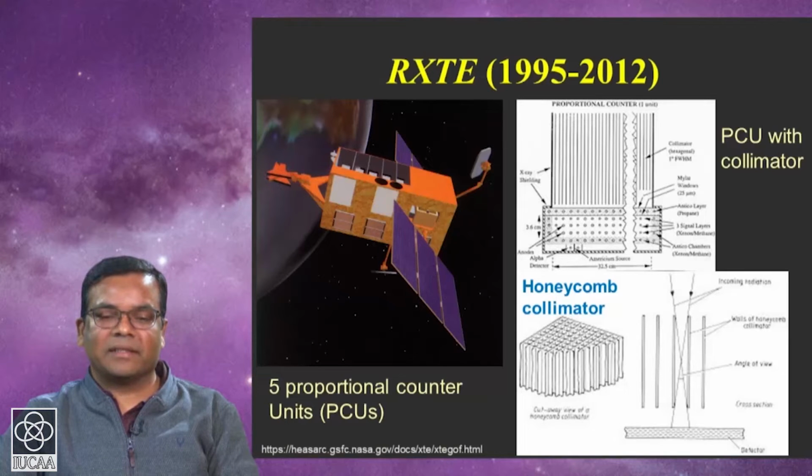Here is an example of a collimator. It is called the honeycomb collimator. X-rays coming from a certain field of view through these collimators are detected by the proportional counters. X-rays coming from outside that field of view are not detected; they are absorbed in the collimators.